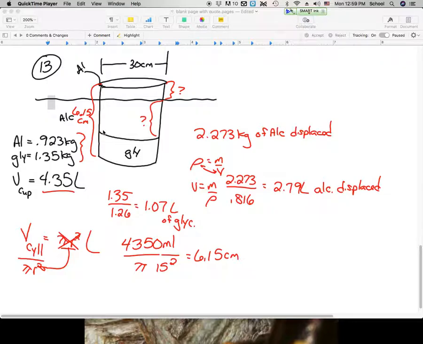Then we switch to the glycerin and we do that same process with the glycerin.